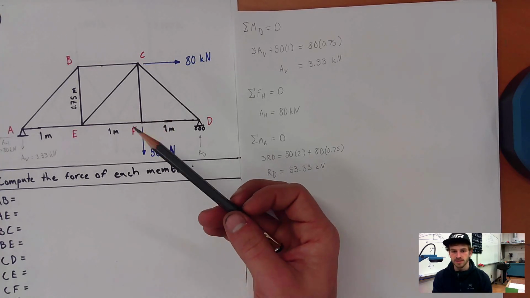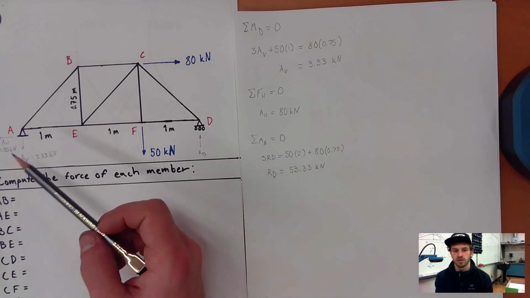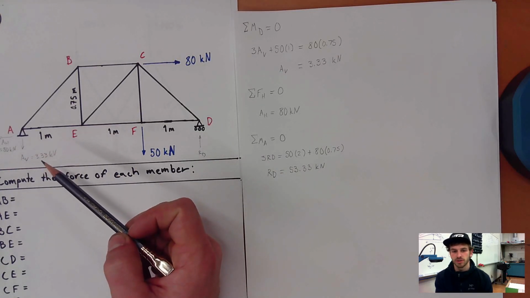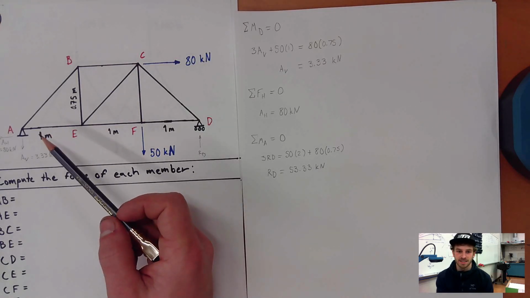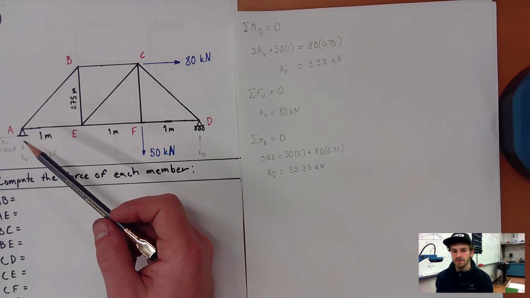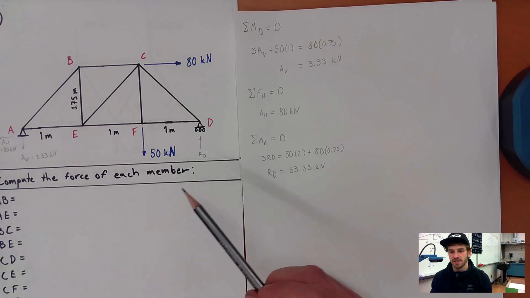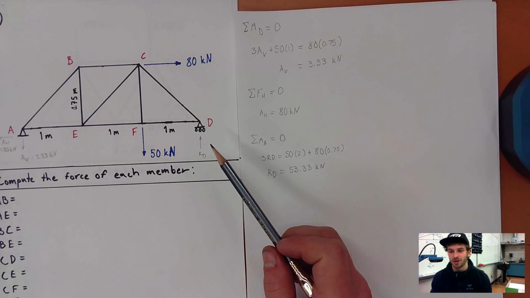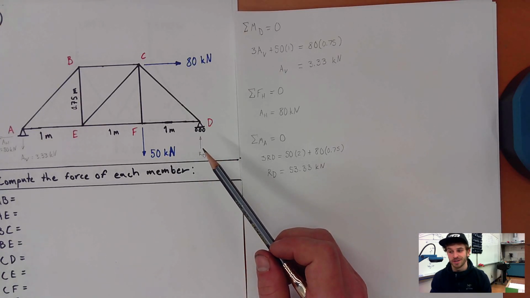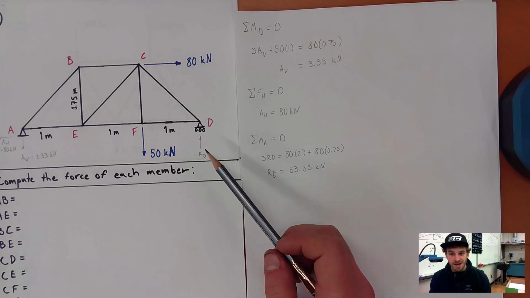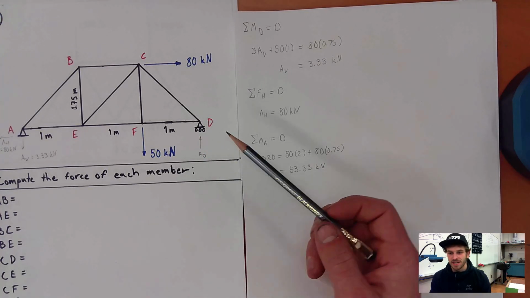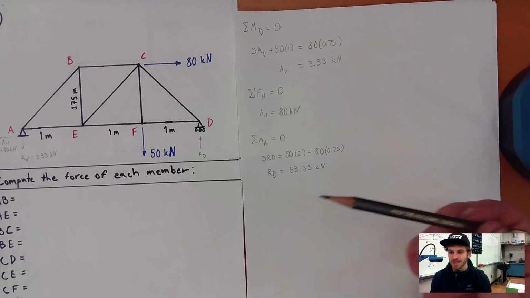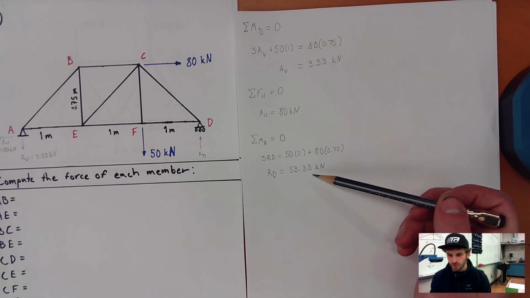And we determined that there is a force of 3.333 kilonewtons acting down into A. And we also just determined that we've got 53.33 kilonewtons acting up into our rolling joint D. And if we want to check that this is right, we've got 53.33.